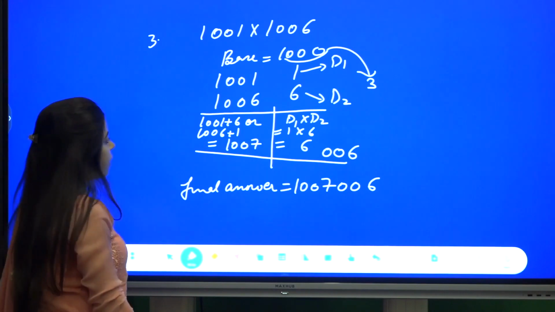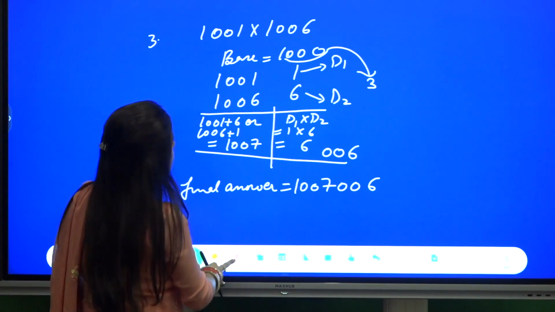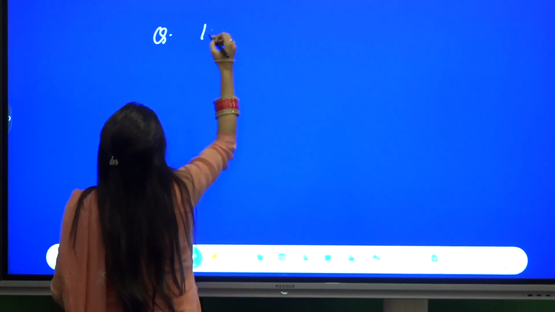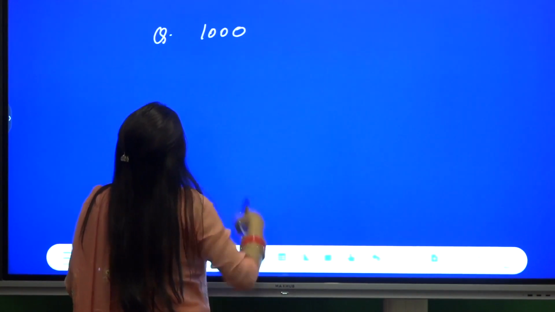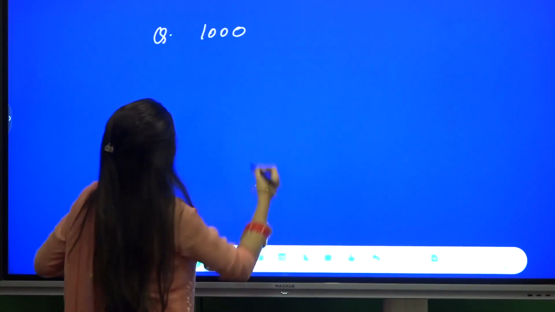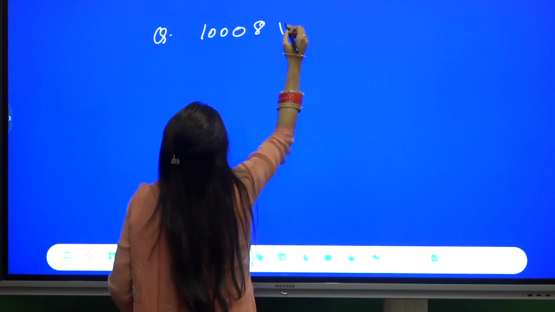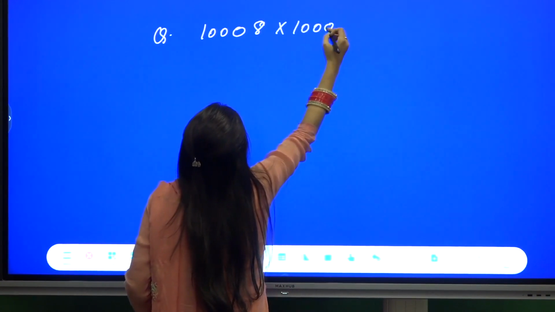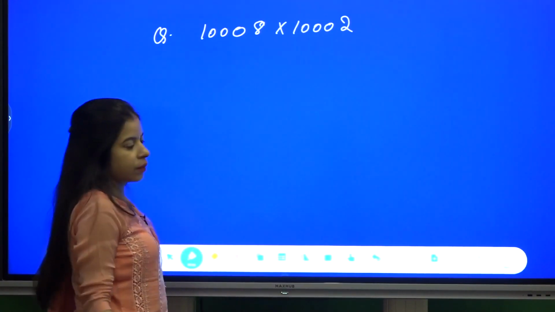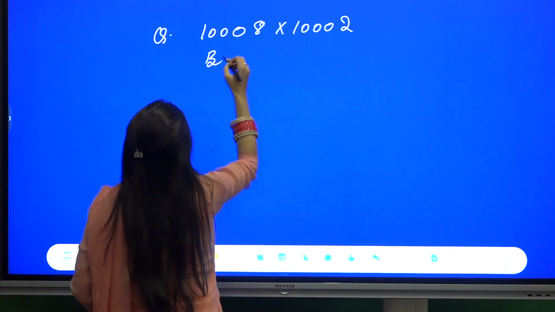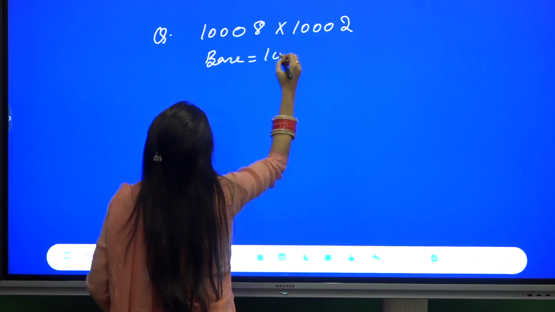Let us take another example where the base is 10,000. Let's say 10008 and 10002. Here the base is 10,000.